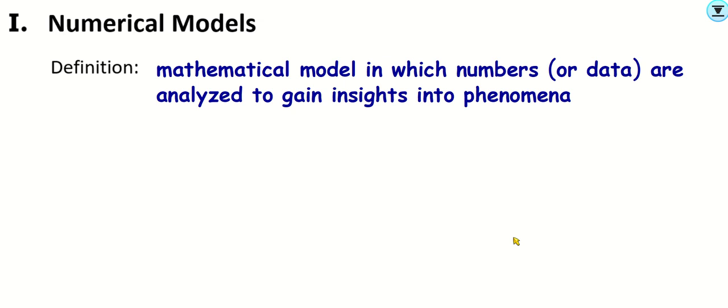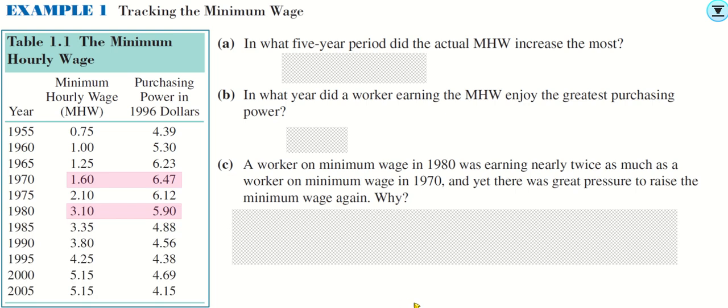If you were trying to analyze, let's say, a function, a numerical model would be like a table of values, numbers, data, that represent what is going on in your situation, the phenomena.